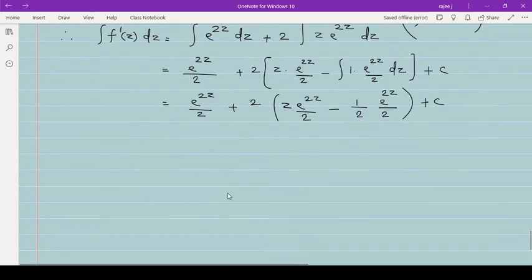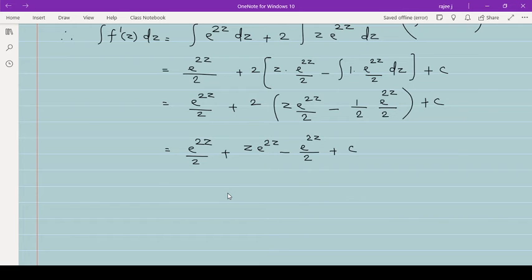Now take that 1 by 2 outside, so this is equal to e raised to 2z by 2 plus, when you take 1 by 2 outside, this 2 and one of the 2's will get cancelled, so you will get here z e raised to 2z, or multiply 2 inside, then minus 1 by 2 cancel, and here e raised to 2z divided by 2, plus c.